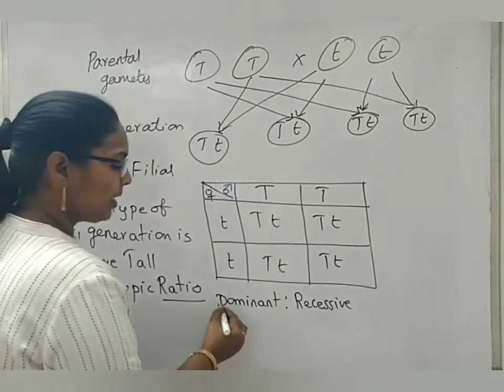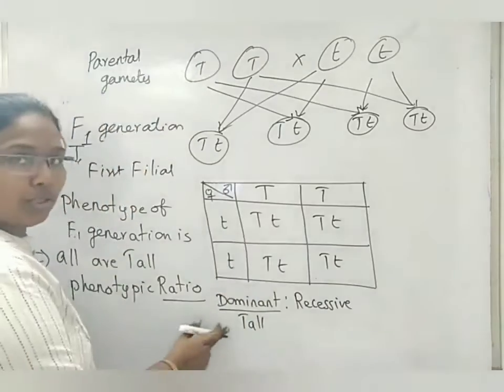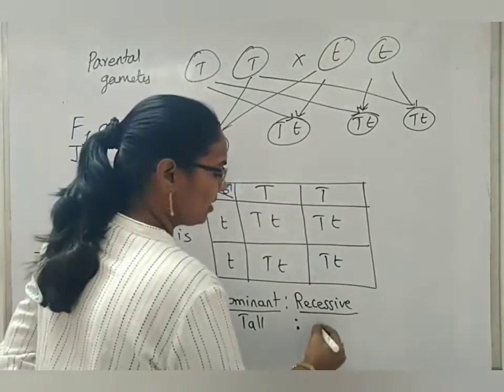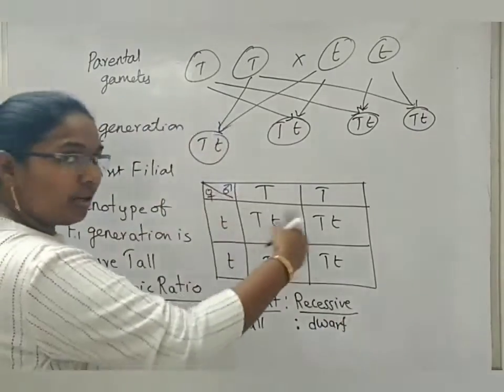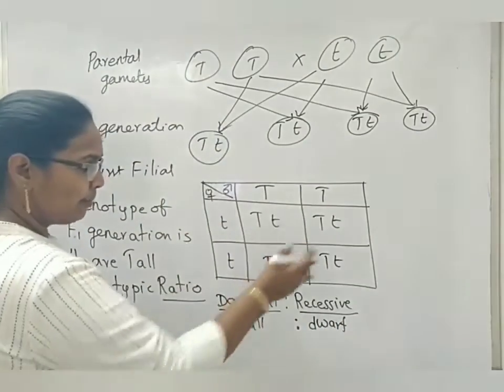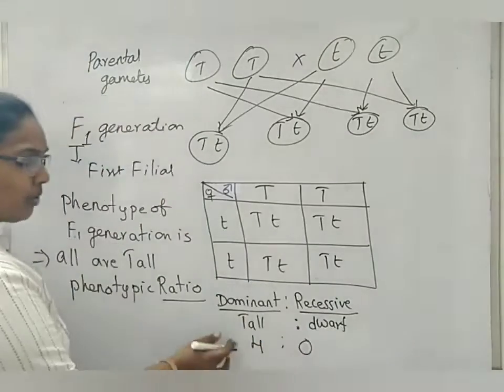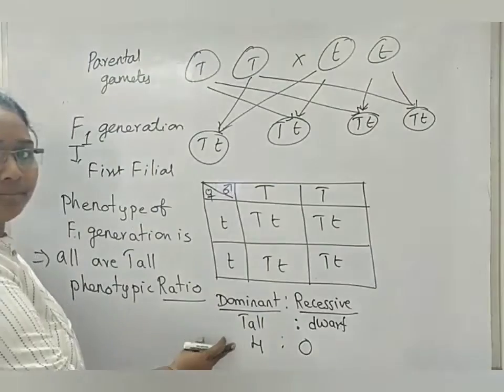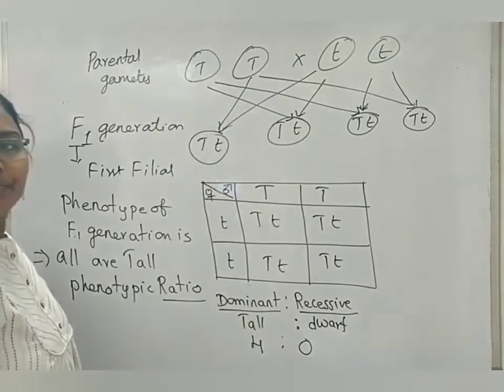Here, the phenotypic character under dominance in the example that we have taken is tall. So tall is to the recessive one, short or dwarf. Here the answer is all are tall in this F1 generation. So it will be 4 is to dwarf is 0. So the phenotypic ratio in the F1 generation is 4 is to 0.